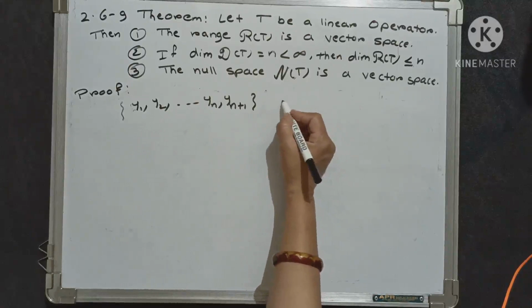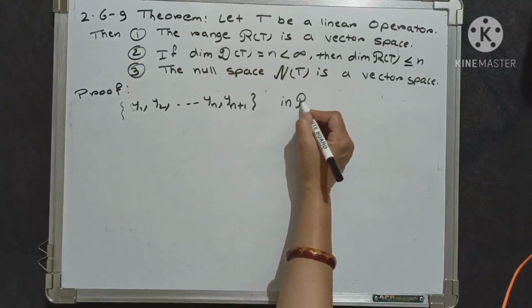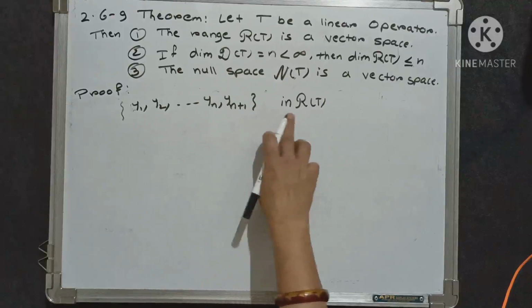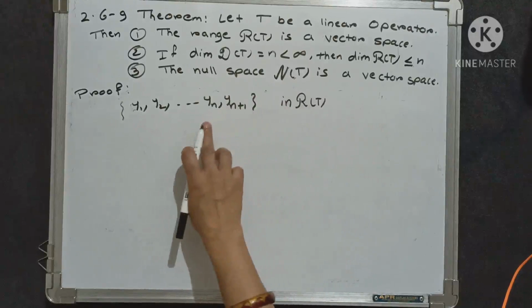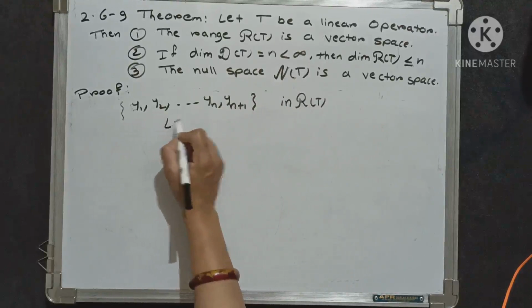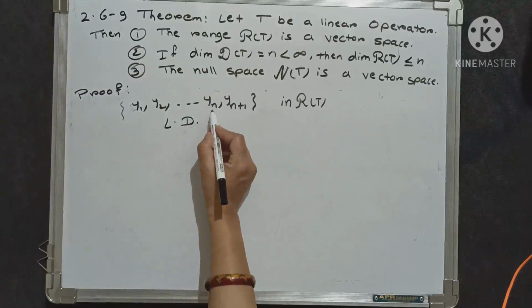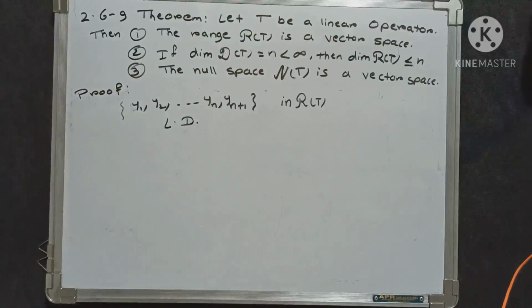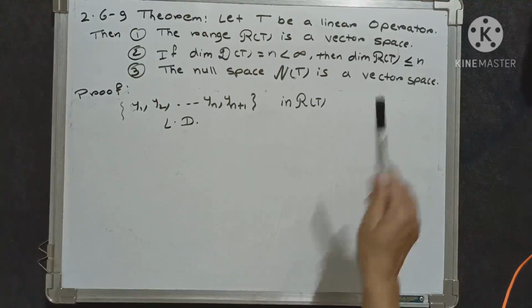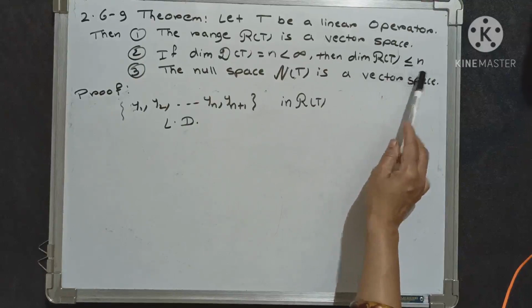These are all elements in script R of T. When we show that this set of n plus 1 elements is linearly dependent, it means that a linearly independent set contains n or fewer elements, which gives us that the dimension must be less than or equal to n.